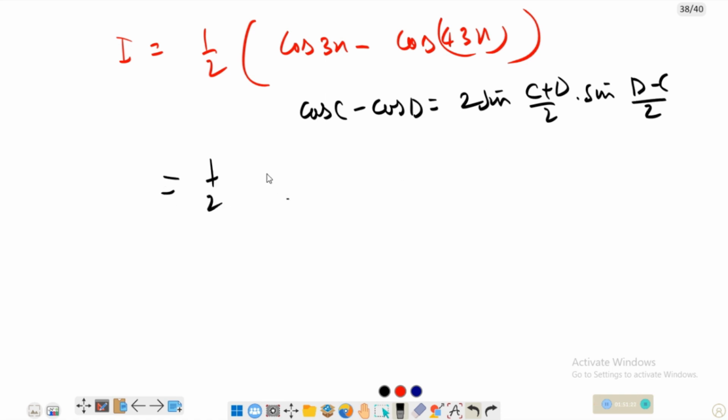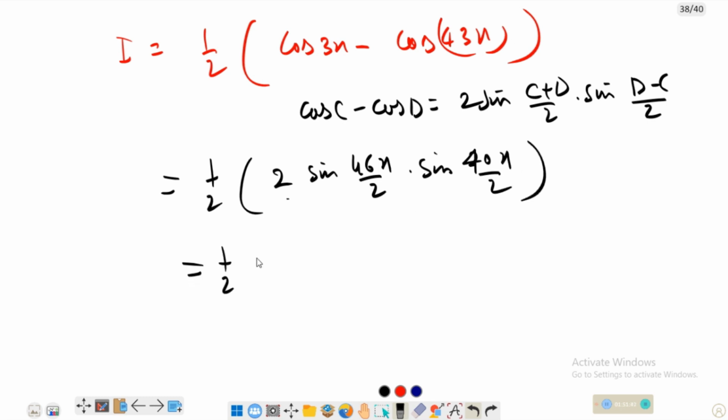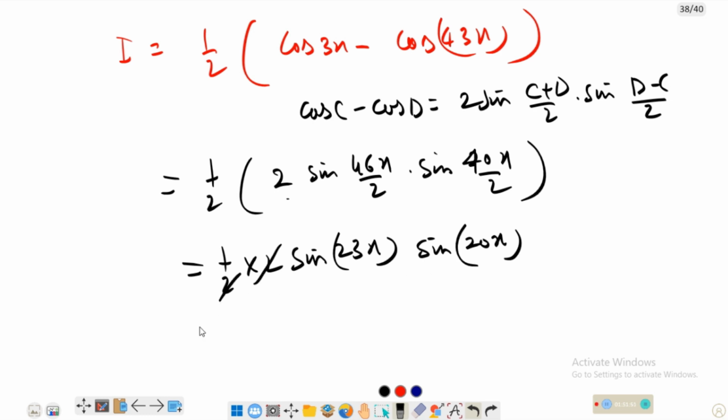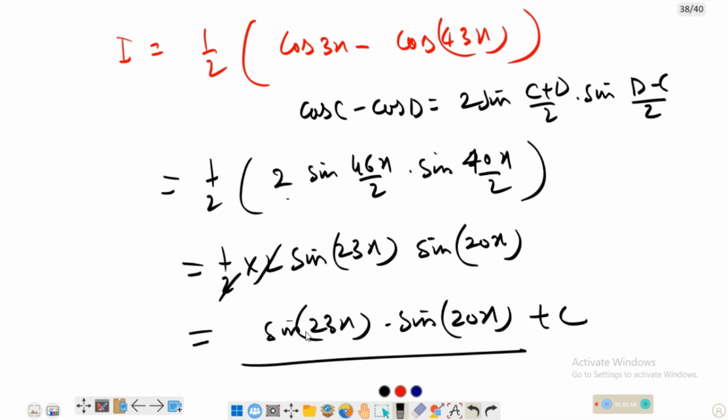This is 1/2 into 2 sin 23x sin 20x. Cancel out this portion, so this is sin 23x sin 20x, plus C. So our integral is equal to this quantity.